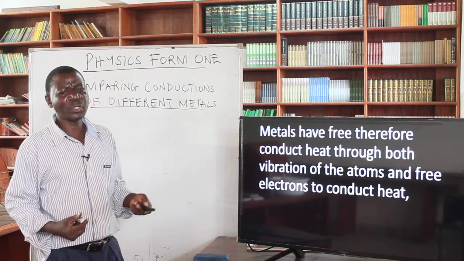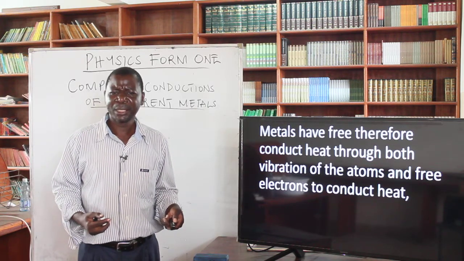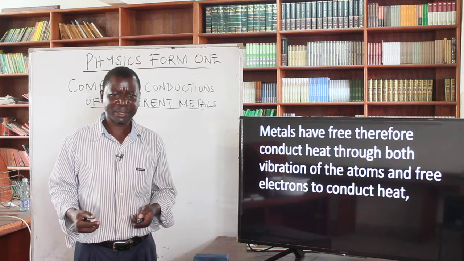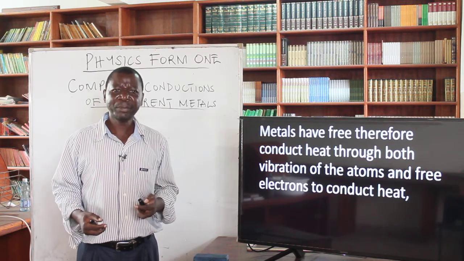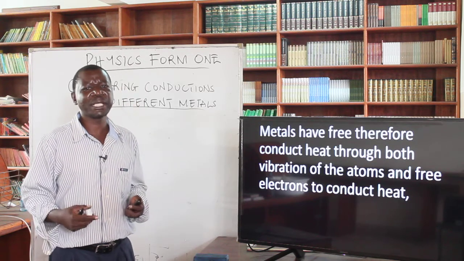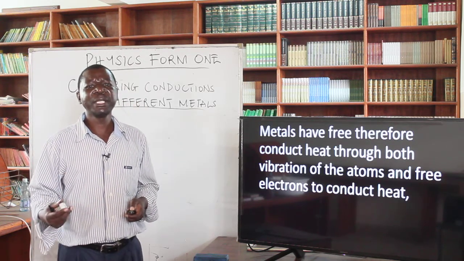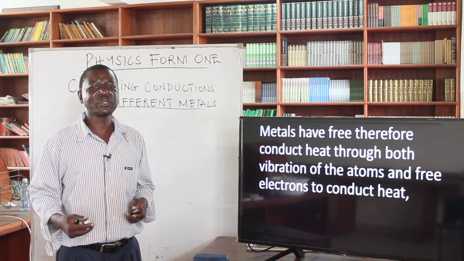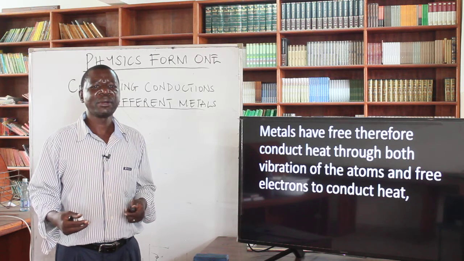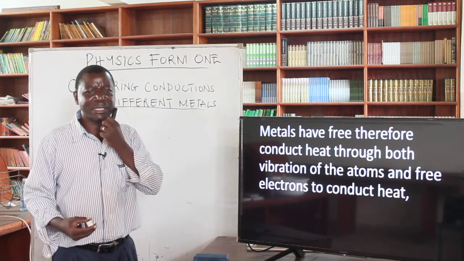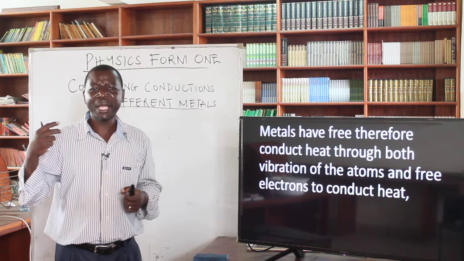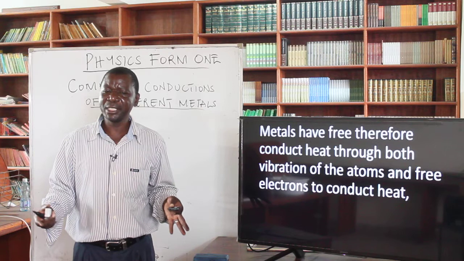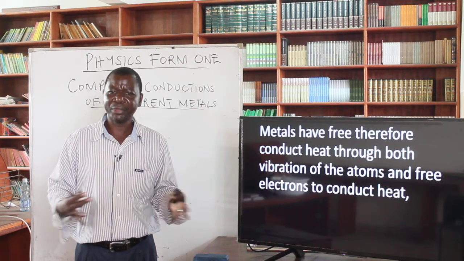So, why do metals conduct heat much faster than non-metals that are poor conductors? It is because metals, as we discussed in our previous lesson, have free electrons. Therefore, they conduct heat by the free electrons, and they also conduct heat by vibration of the atoms.